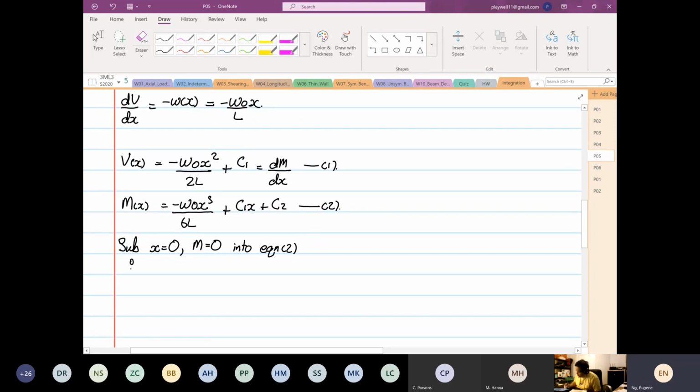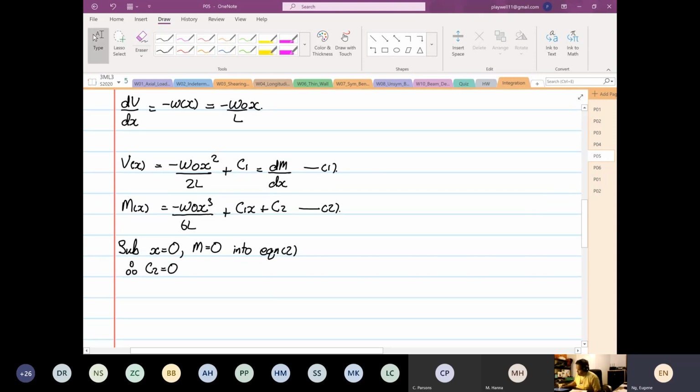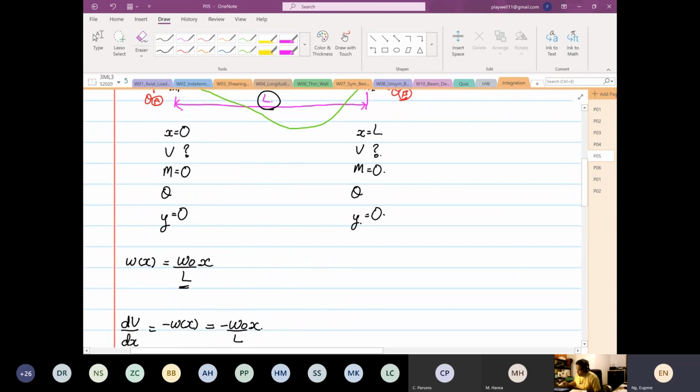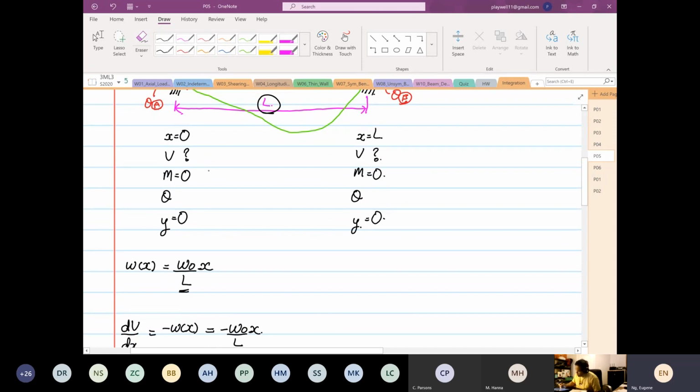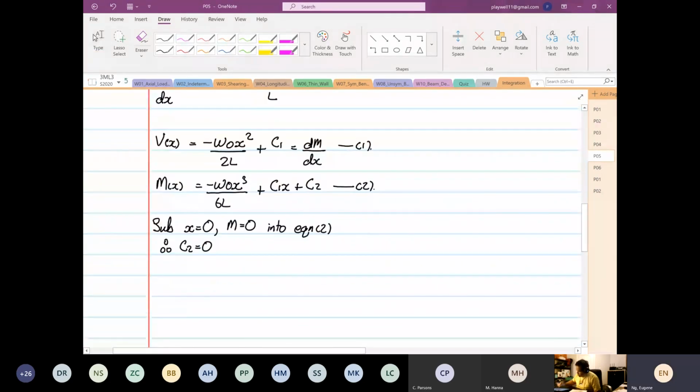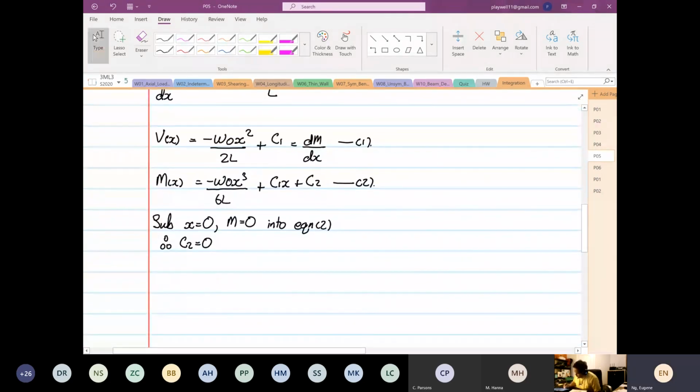An important thing to know, I highlight this again: whatever boundary condition you have used, you put a tick. And then the next boundary condition we're going to use, we substitute when x is equal to L, M is equal to 0, into equation number 2 again.